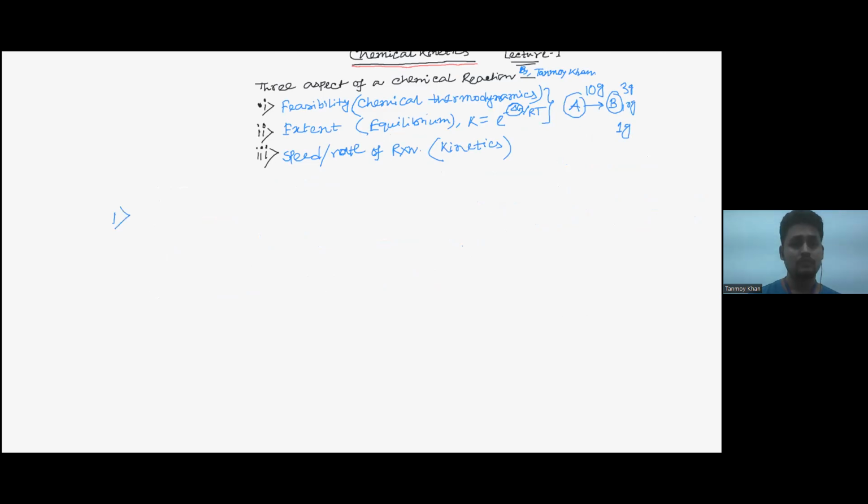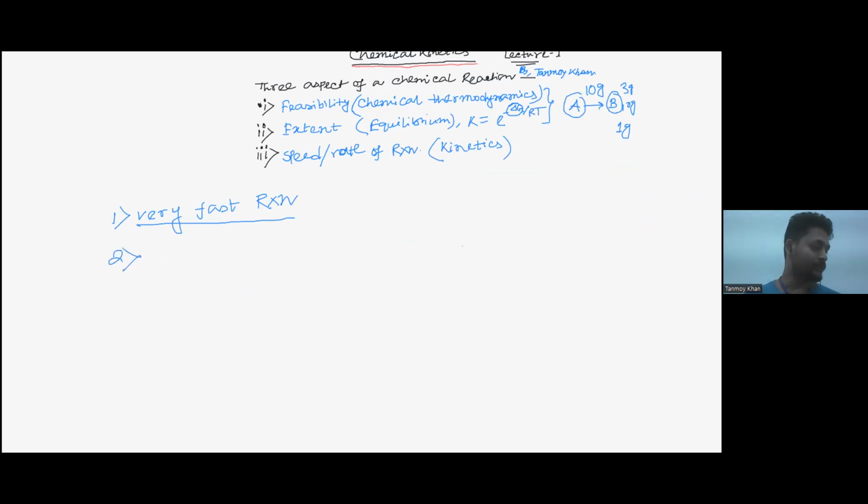One is very fast reaction. I'm writing reaction as RX, just as a denotation method, not the actual spelling. The first one is very fast reaction.